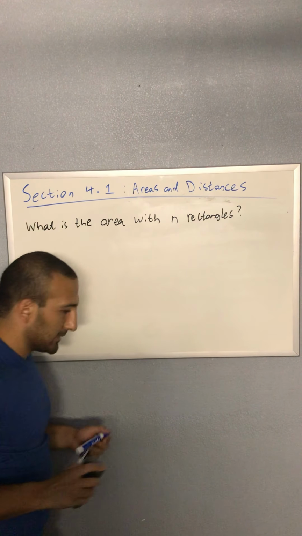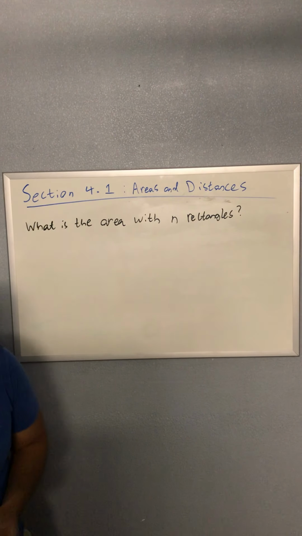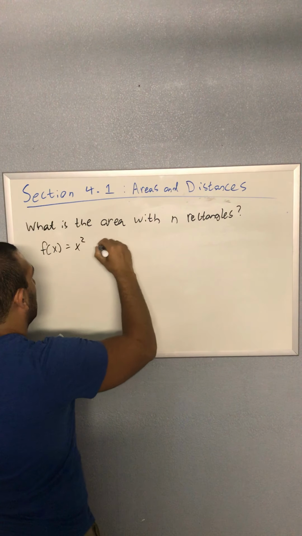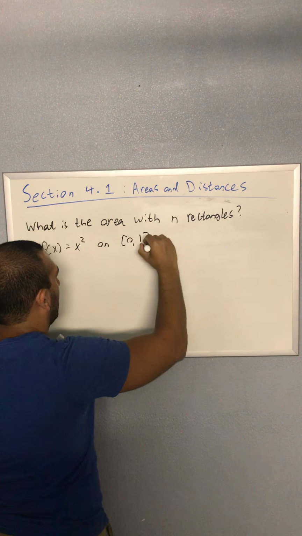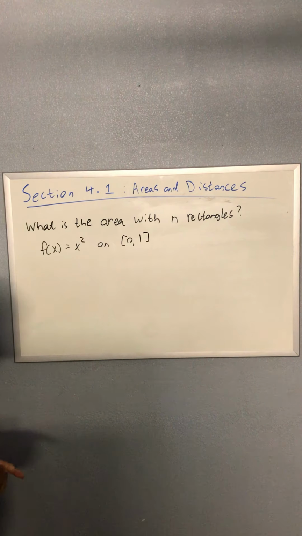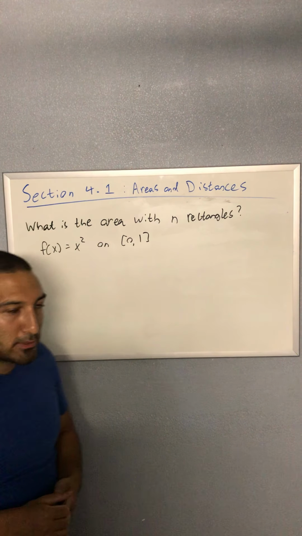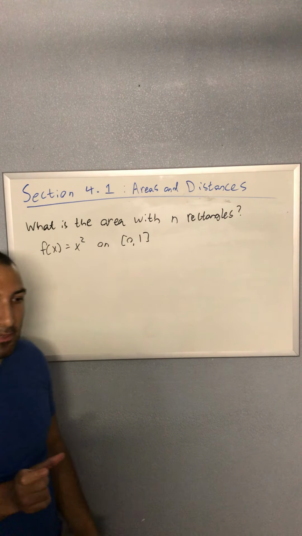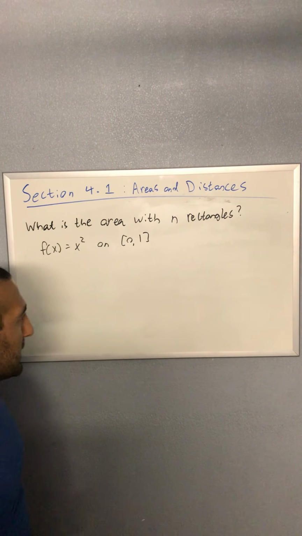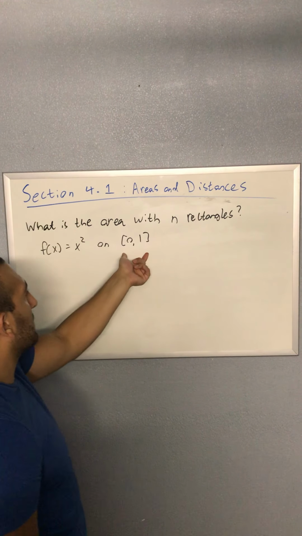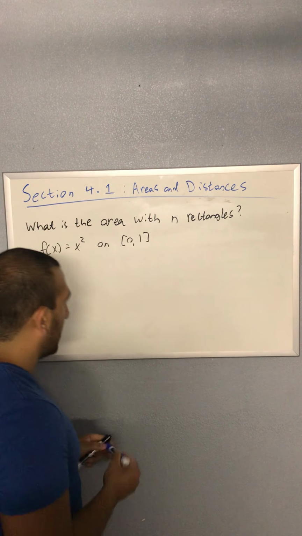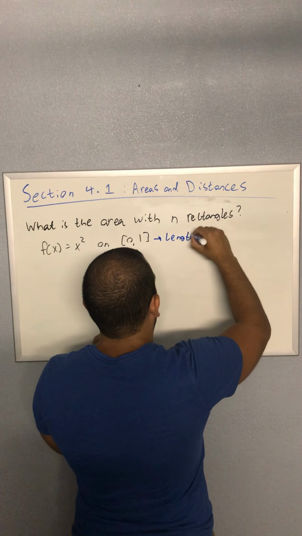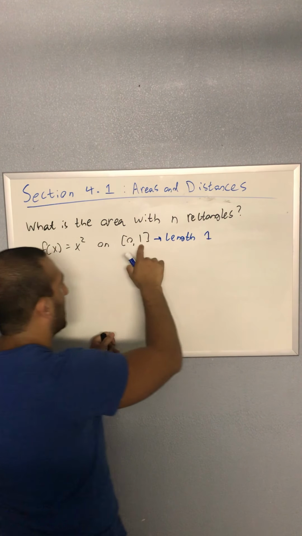So let's think about it. We were considering the interval 0 to 1. When we used 4 rectangles, what was the width? The width of each was 1/4, because the length of this interval is just 1, since you take 1 minus 0.